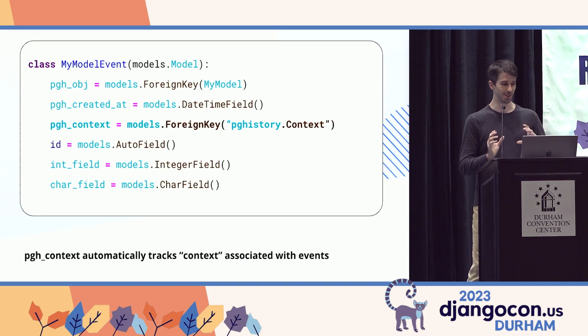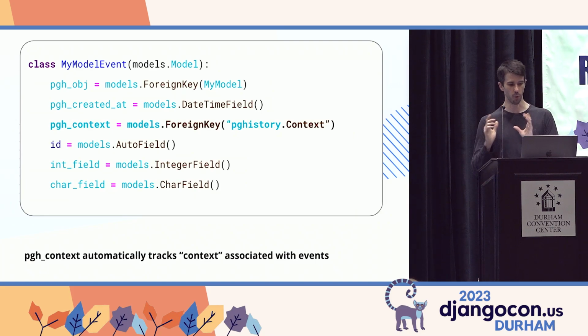Backing up a little bit, looking at our model definition again, our event model that's generated for us, one thing I didn't say at the beginning is that there is another metadata field called pgh_context. It's a foreign key that's on every event model by default. What it does is automatically point to a centralized context table.